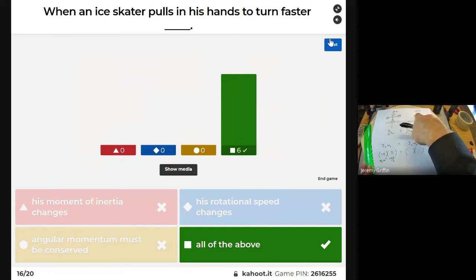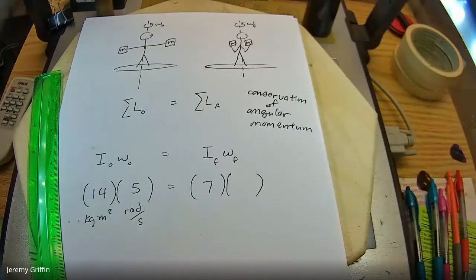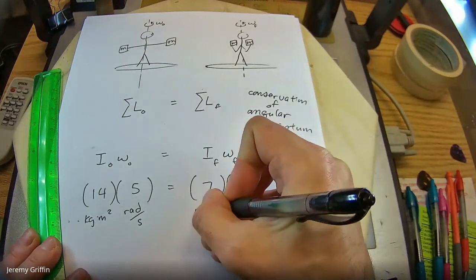And then when he pulls in those masses, what happens to his rotational inertia? Has to what, increase or decrease? Has to decrease. Let's say it cuts down to like 7. Let me blow this up for the camera. Let's say 7 kilogram meters squared.